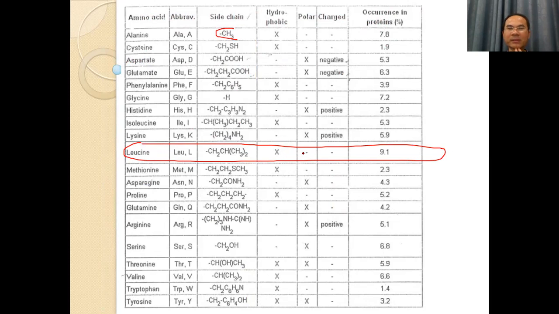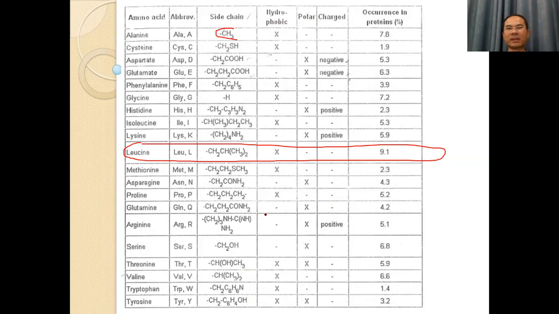Sorry, this is for alanine. It means it's hydrophobic. The cross symbol means yes.